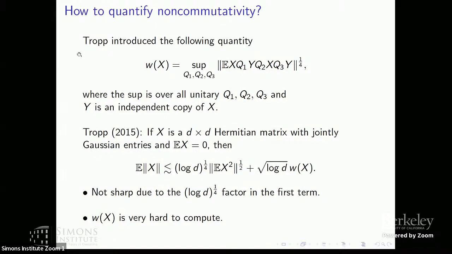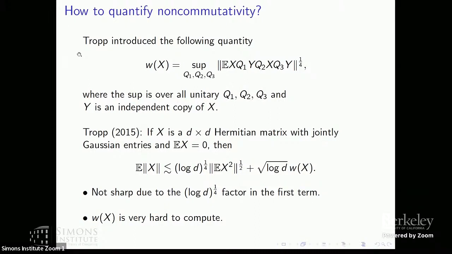Of course, there are two obvious things that are not very good. First, the square log D factor is not completely removed. It's only reduced to log D to the power 1/4. Second, this one is very hard to compute in general. Even for very simple cases like GUE or GOE, it takes maybe half a page to compute.